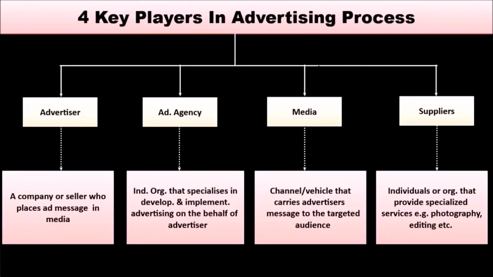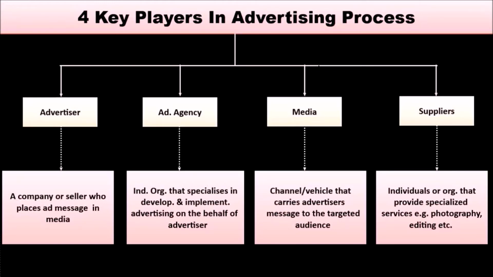There are 4 key players in the advertising process: advertiser, ad agency, media, suppliers. Advertiser is a company or seller who places an ad message in media. Ad agency or advertising agency is an independent organization that specializes in developing and implementing advertisers' message, or that works on behalf of the advertiser. Media are channels that carry advertisers' message to the targeted audience.